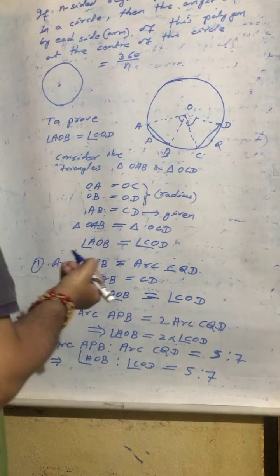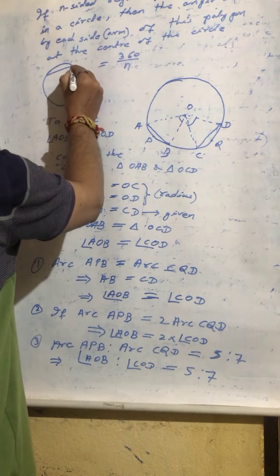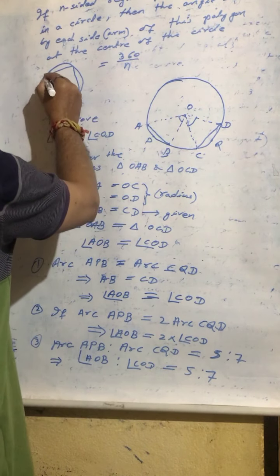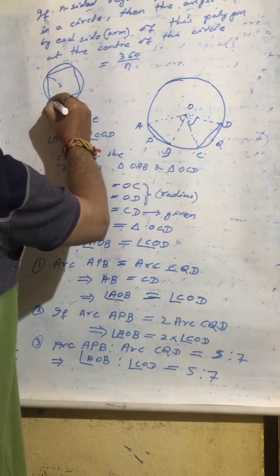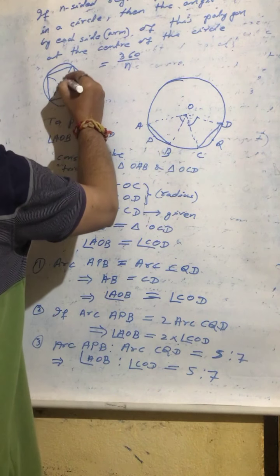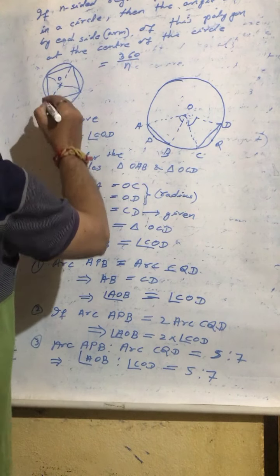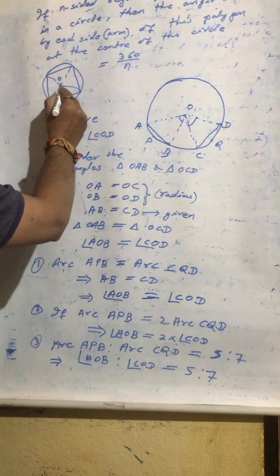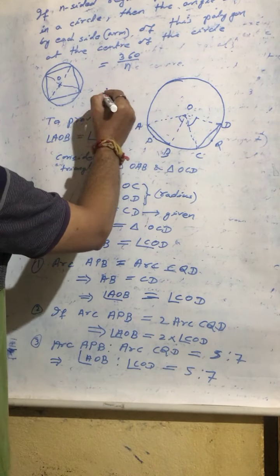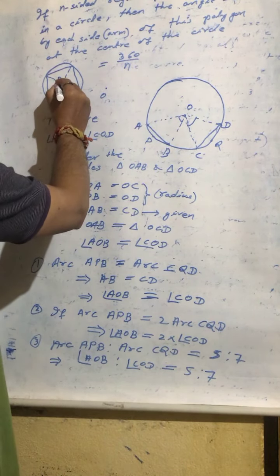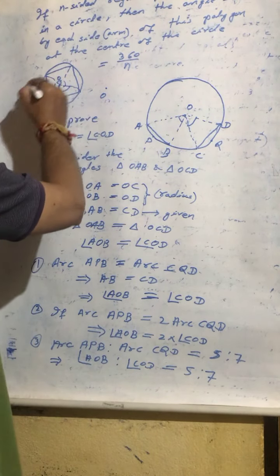It is saying regular polygon. You have learned that a regular polygon means equal sides. So this is center O. Around O, how many degrees? 360 degrees. Now this angle is divided into 4 equal parts, as it is a square, a regular polygon.